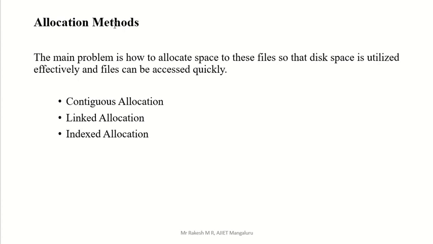How to allocate those blocks to your file? When you want to save your file, how to allocate block memory to your file, that concept is called allocation methods. We have three methods: contiguous allocation, linked allocation, and index allocation. We will see them one by one.